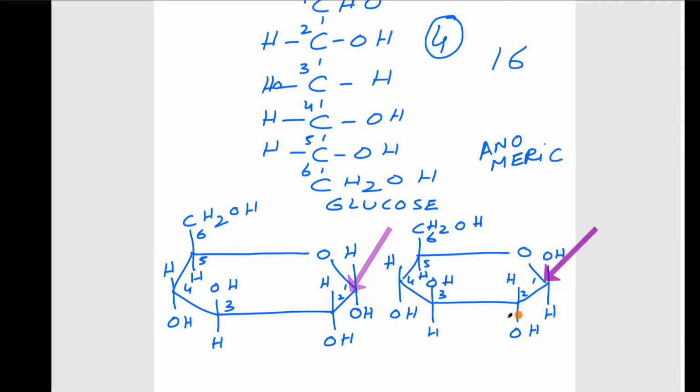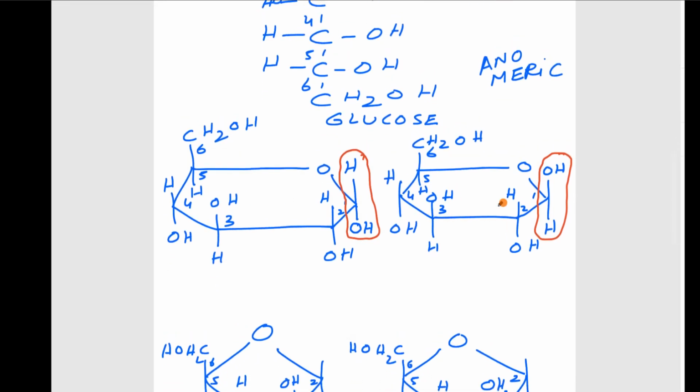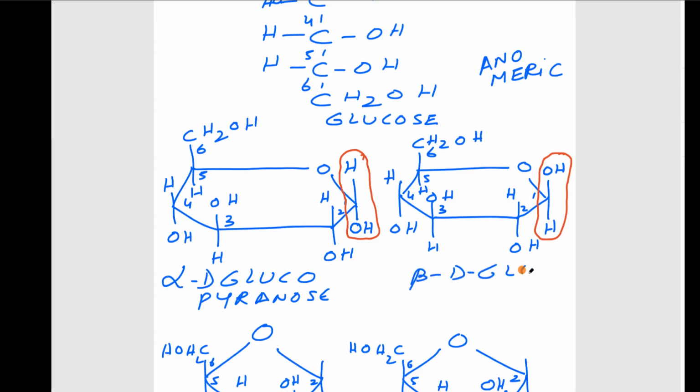So there is more distance between CH2OH and OH in one, and less distance in the other. The first one we call alpha D glucopyranose, and this is called beta D glucopyranose.